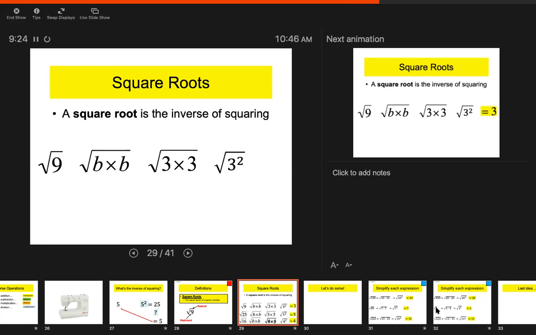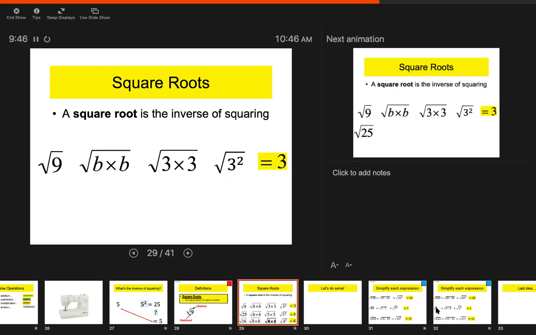This symbol and this symbol cancel each other out. It's like plus 2 minus 2. If you add 2 and subtract 2, what have you really done? Nothing. So square root and squaring, if they're both together, cancel each other out. In other words, you didn't do anything. So you're just left with the base here, which is 3.